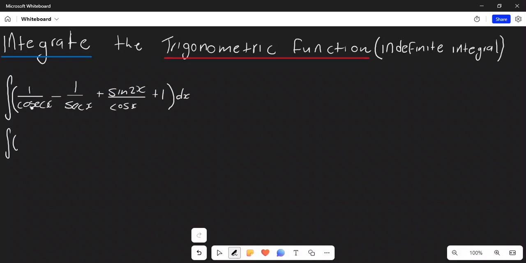So let's look at our first term. Our first term is 1 over cosec. As you know, 1 over cosec is the inverse of, oh, sine, yes, almost forgot it there. It's the inverse of sine. Minus 1 over sec, it's the inverse of cos.